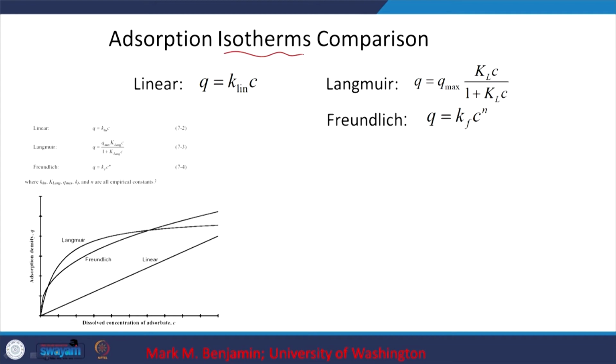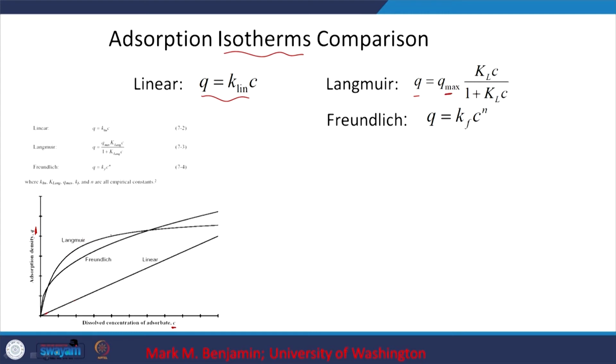So here we have a comparison of the different kinds of isotherms. We have looked at adsorption isotherms, linear, rarely used, but you see the relationship between Q, the concentration adsorbed onto the adsorbent, and C, the concentration of the compound in the aqueous phase, let's say, right, but it can be different phases too. So linear, it's increasing linearly, and then Q with a Q max, where is that, Langmuir, I guess, right.